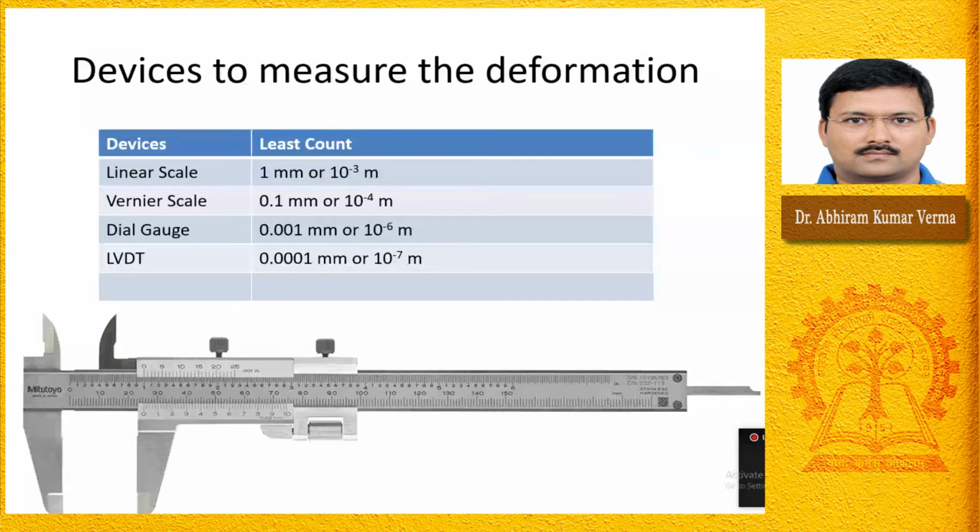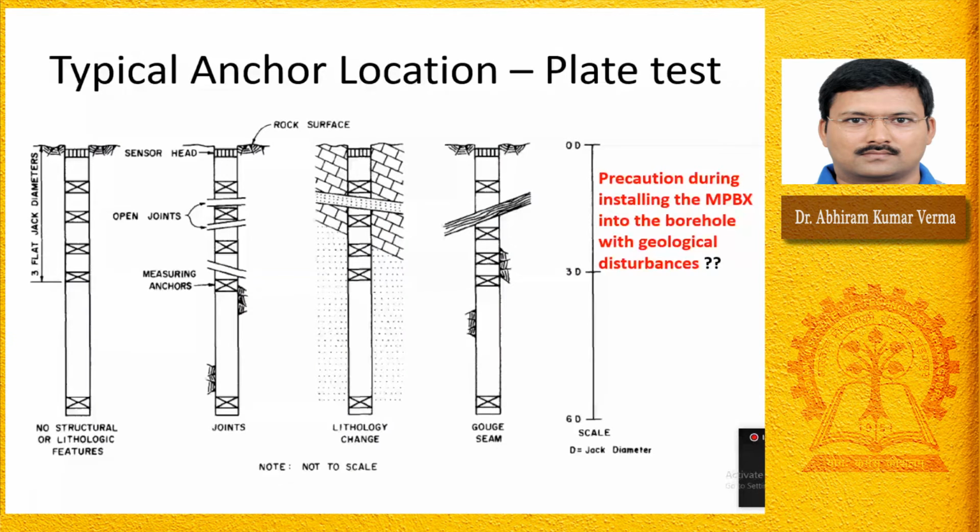Okay. Now you can see another photograph showing a different borehole, where in this figure we are anchoring the rods of this multi-point borehole extensometer at 5 different locations, 4 here and 1 here, and this point is showing you the opening, the underground opening, and from there we have these 5 anchorages.